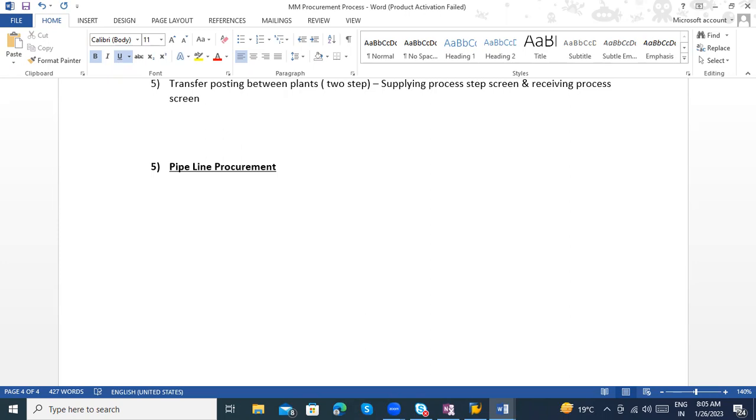There is no purchase order here, and there is no goods receipt either. It is only a goods issue, meaning we withdraw the stock. Whenever it is required, we consume the stock, and we read the quantity of how much you consumed. For that, you pay the amount.